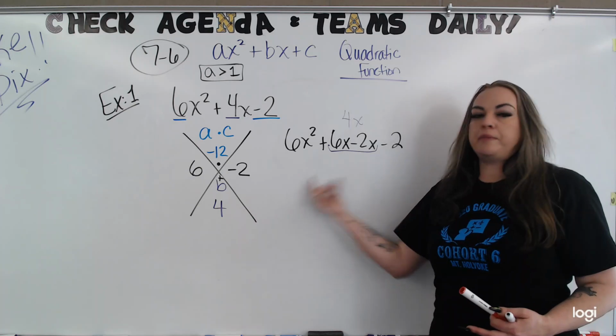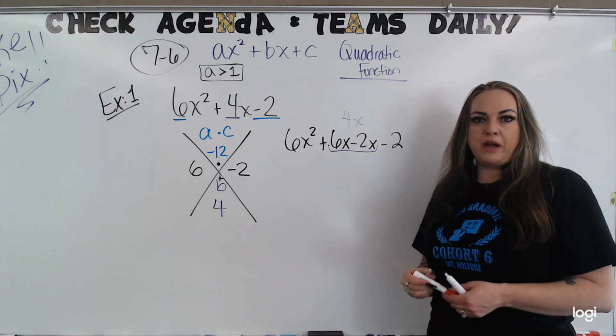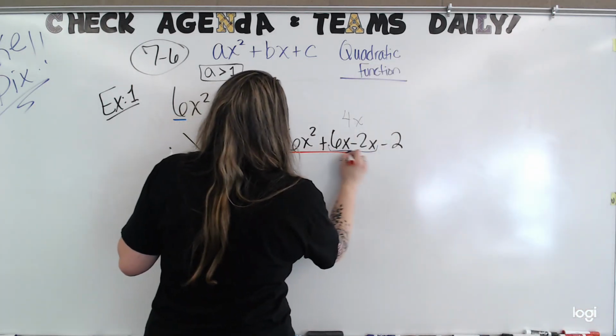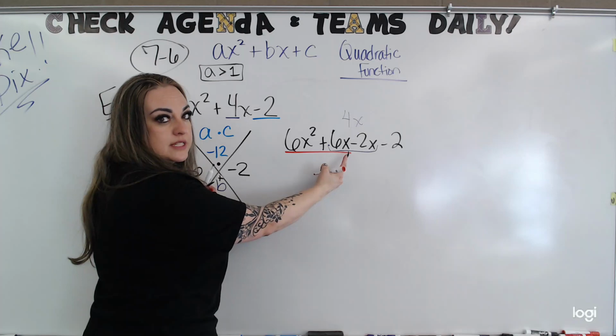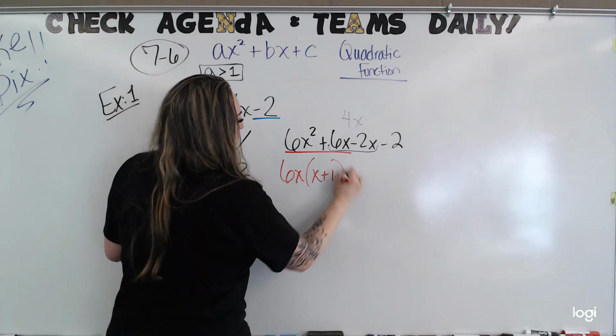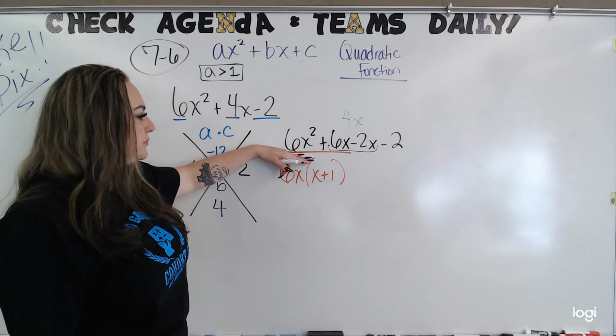and we split them into 2 different groups, pull the GCF and have your binomial left. So we look here, we can factor out 6x. We need x plus 1 to get 6x squared plus 6x.